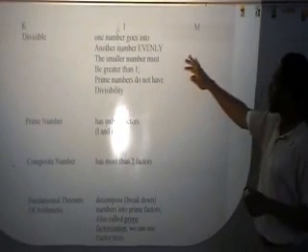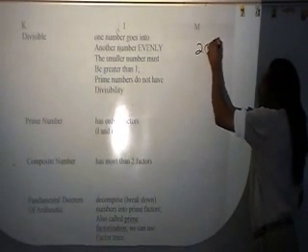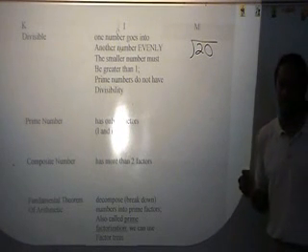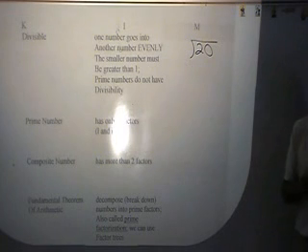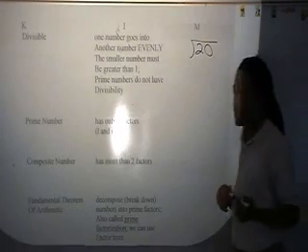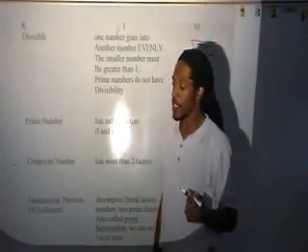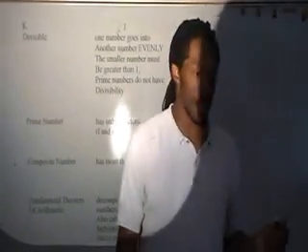Okay? So for our memory device, we'll use the number 20. And we want to check to see if 20 has divisibility. If I write it on the board, you need to write it down on your paper. Okay? We want to see if 20 has divisibility.